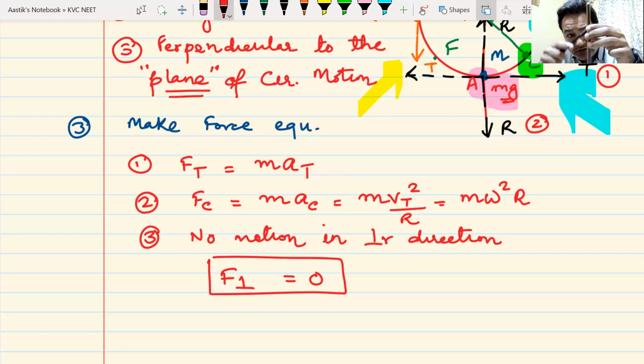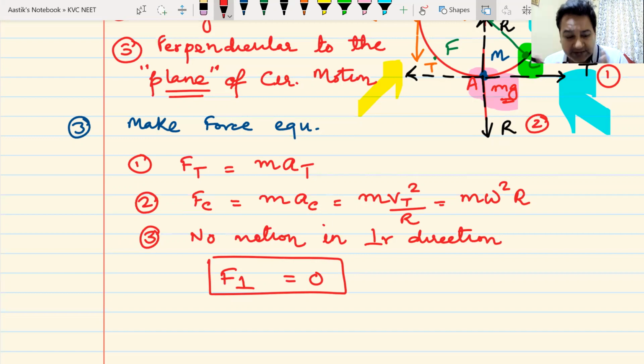If the circular motion is happening on this plane, whatever forces are acting in the positive x, same force must act in the negative x, because net force should be 0 in the perpendicular direction, because no motion happens there. Am I clear with this point?